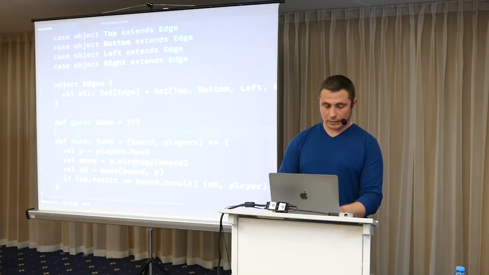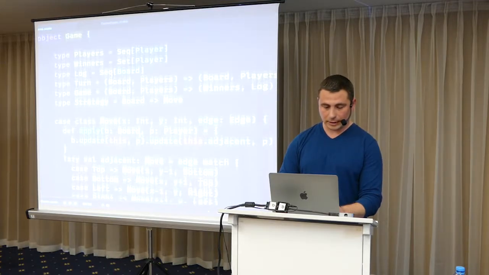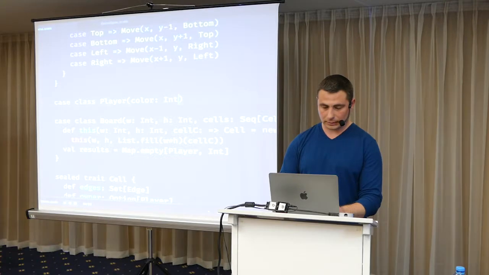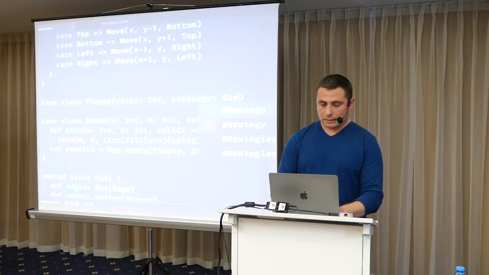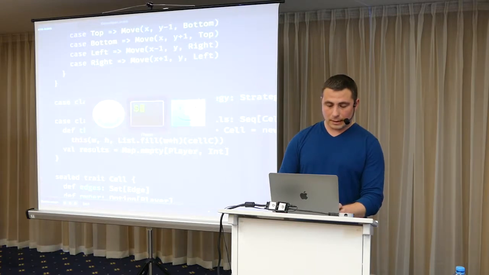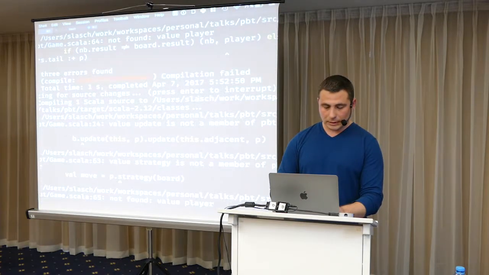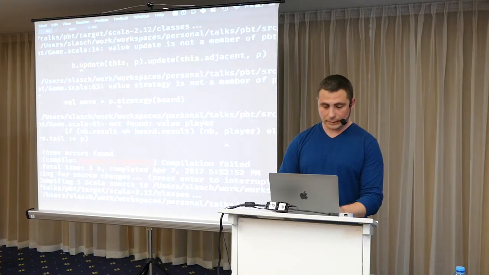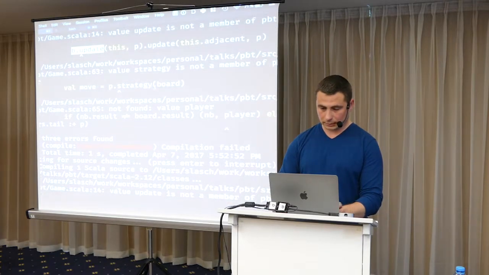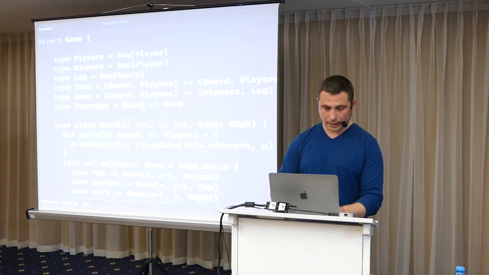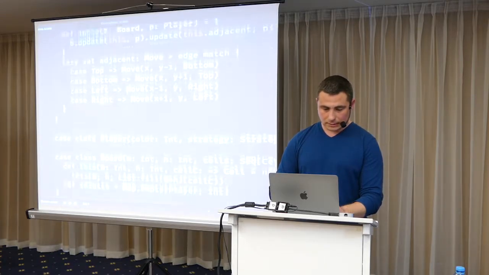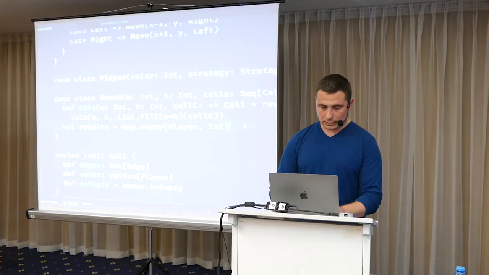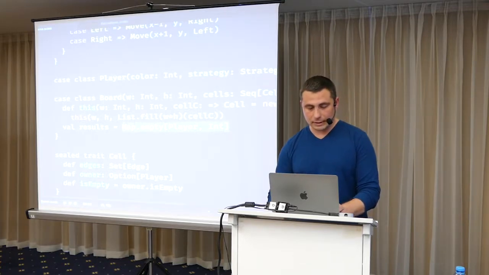Now let's fix our player. The player must have a strategy now, so where is its strategy? And now let's see what happens. We need to define the board update, of course. So the board needs to know. Let's define the results first.